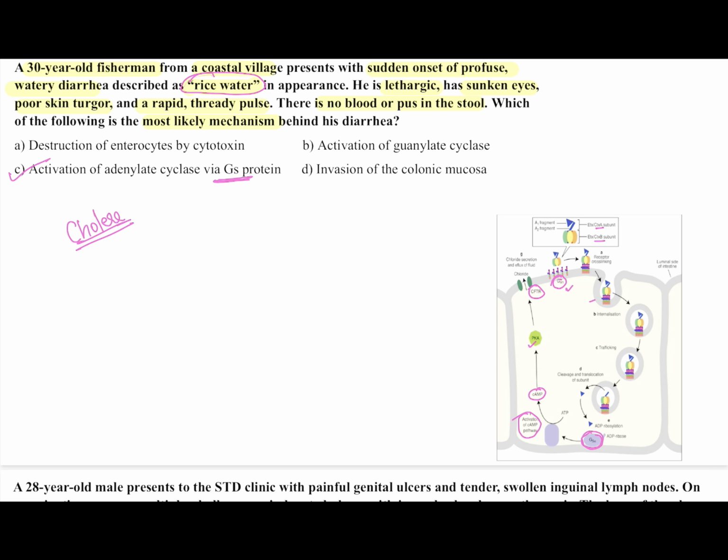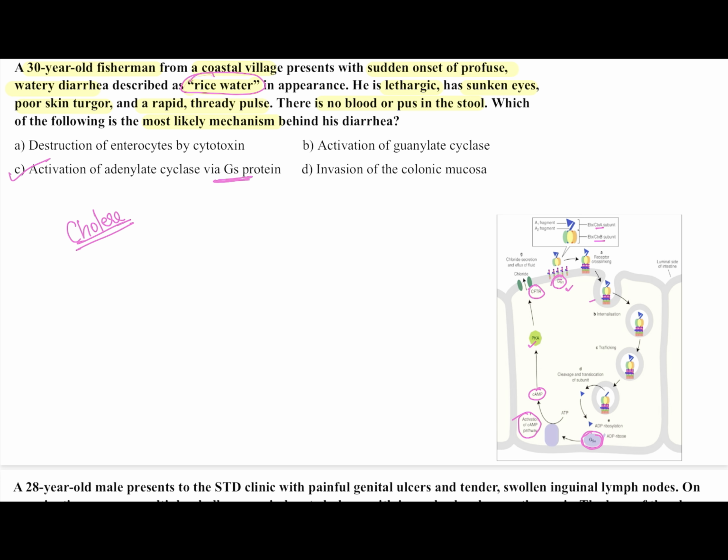Destruction of enterocytes by cytotoxin can be caused by multiple organisms like Shigella and Salmonella. They will release cytotoxin. What is the organism that works by activation of guanylate cyclase? That is because of Shiga toxin; ETEC means traveler's diarrhea, and Bacillus cereus in the emetic form.